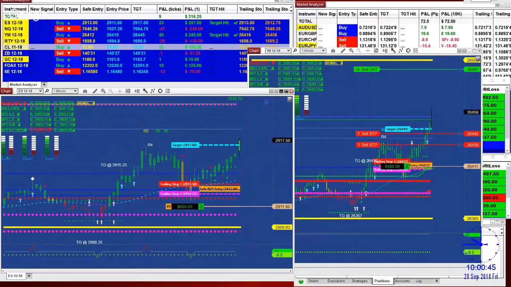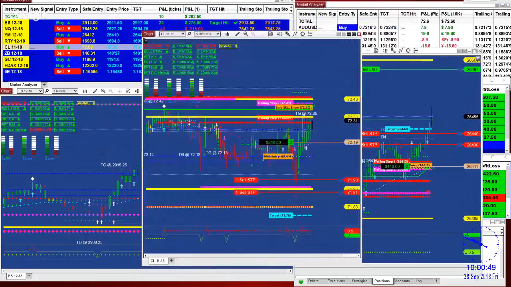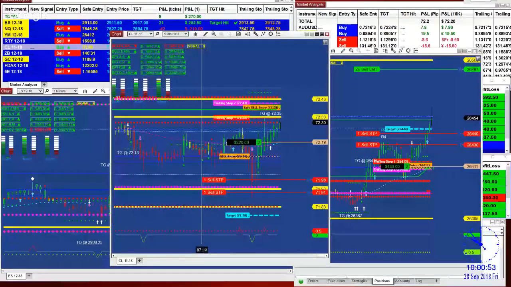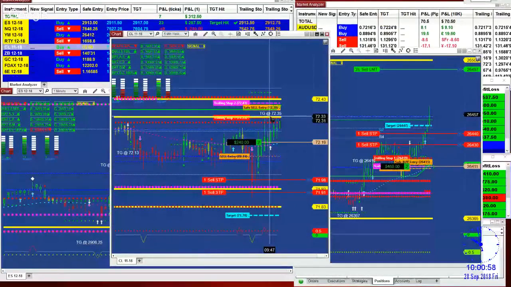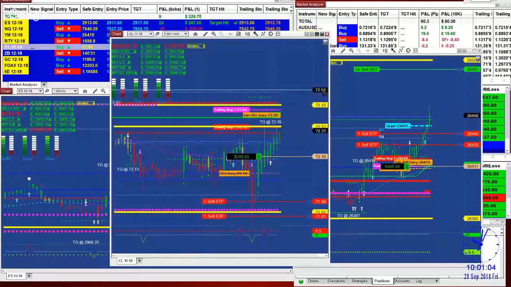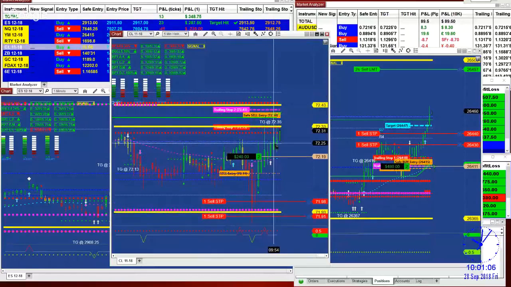For the CL traders right now, this is exactly where we told you there was going to be a little bit of trouble, exactly to the same tick we said. It's the 72.33, and there you are. They're struggling a little here. What we're going to see on the CL is a little pullback. And God knows after the pullback, I need to keep my eye.